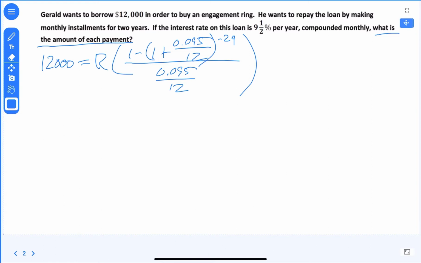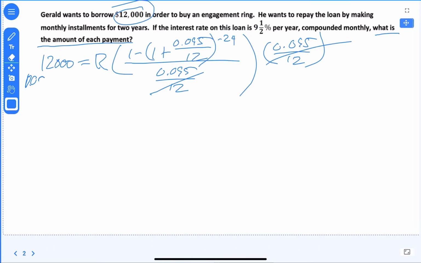Okay, now the other formula is simply where we take the denominator, multiply it by the amount, and then divide by what's in the numerator. Which is the exact same way you would solve this. You would solve by multiplying by 0.095 over 12. That's going to cancel.